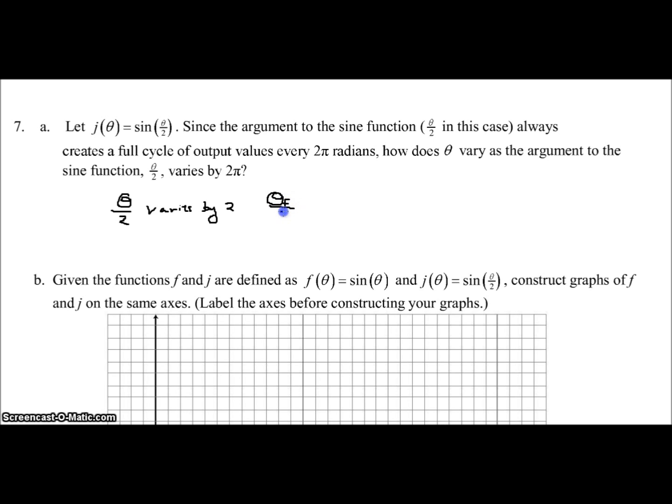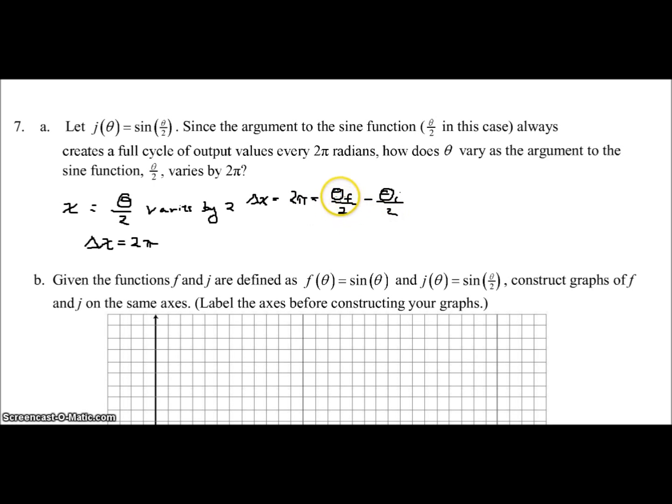theta final over 2, well, that's not a good way to put it. Let's just call theta over 2 x for a moment. And we want it to vary, meaning it's got to change by 2 pi. Now if delta x changes by 2 pi, it basically means that we had some final value of theta over 2 minus some initial value of theta over 2, and that equals 2 pi.